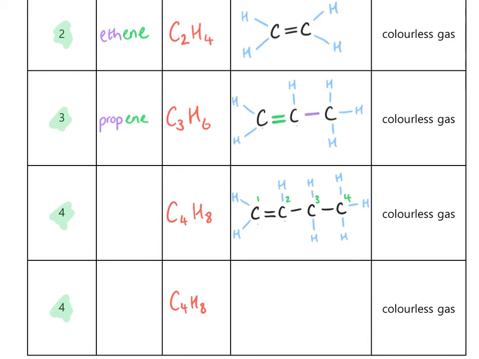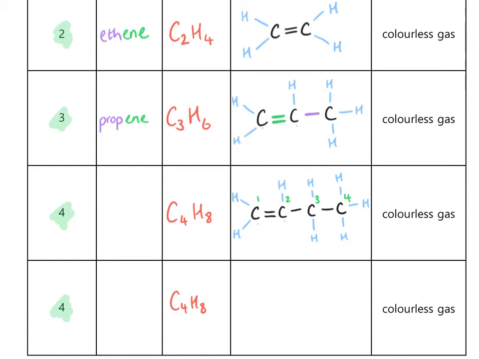And as I said, the rule in naming organic molecules is that the functional group must be on the lowest number carbon. So if we've put it from right to left, we can see that the functional group here, our carbon-carbon double bond, is between carbon 3 and carbon 4. That breaks the rules because what we want is the functional group on the lowest number of carbon.